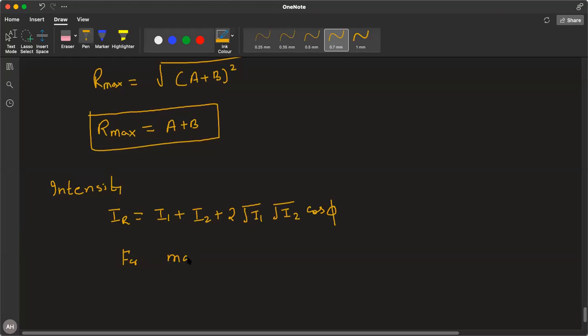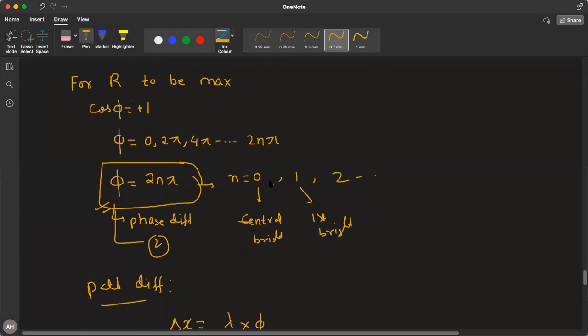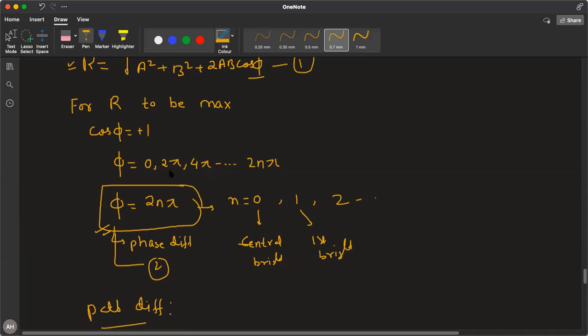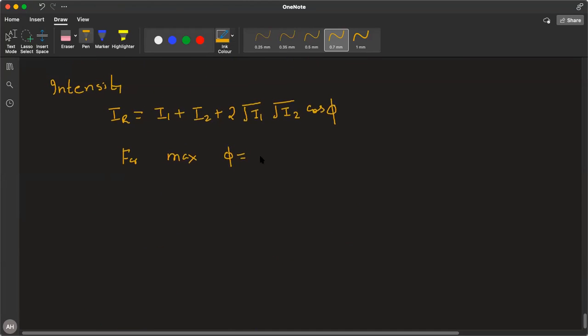If I want maxima, what should be the value of phi? Zero. Okay, 0 is correct. And then the next value? 2 pi, or 4 pi, and in general 2n pi. So the value of phi for the maximum is 2n pi.